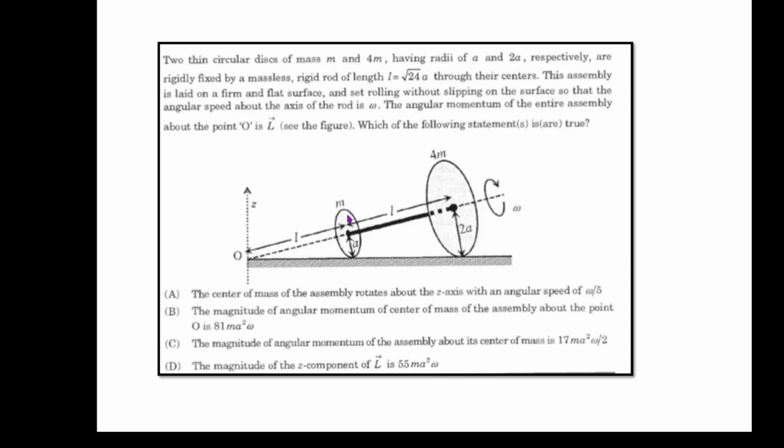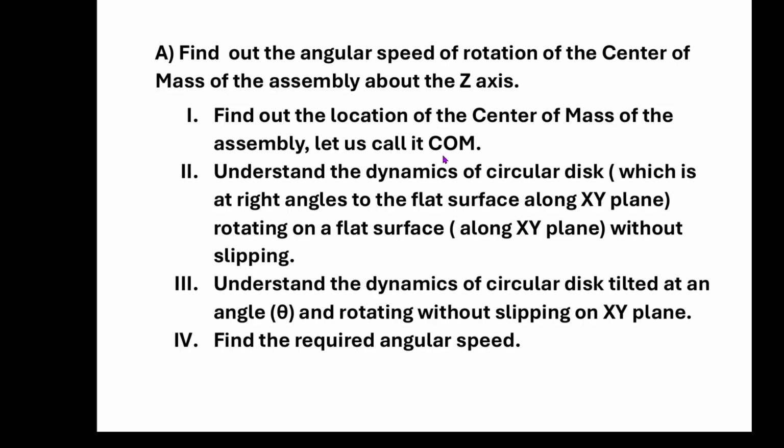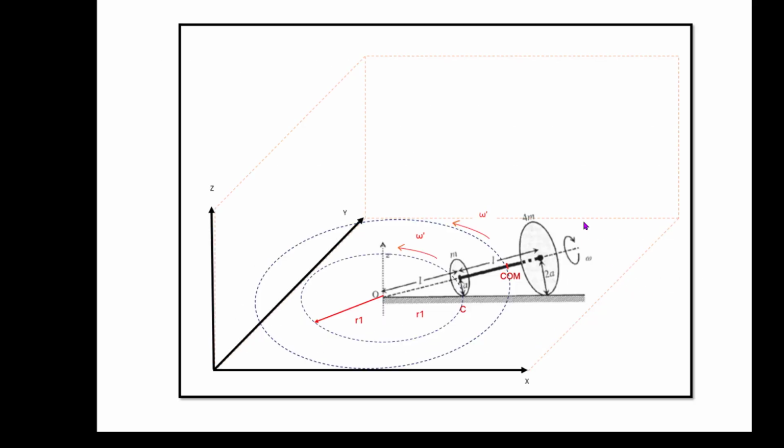Before going to the tilted one, we will consider it perfectly vertical. In the third step we will tilt it by an angle theta as given in the problem and understand the dynamics of the tilted disc rolling without slipping on the xy plane. Finally we will calculate the required angular speed.